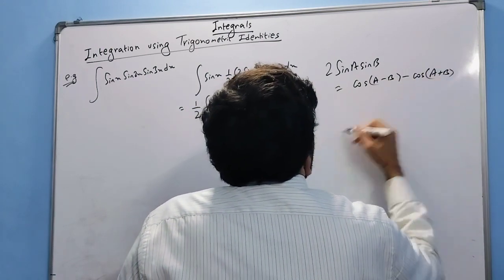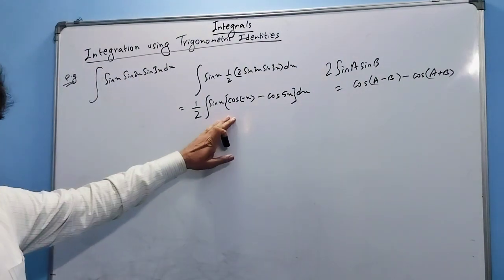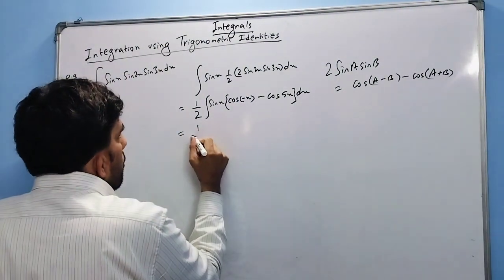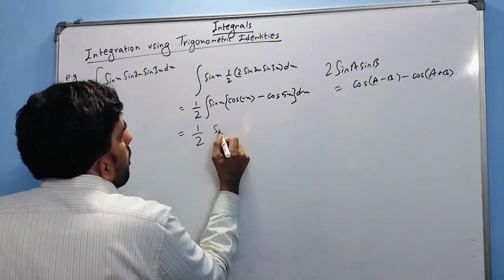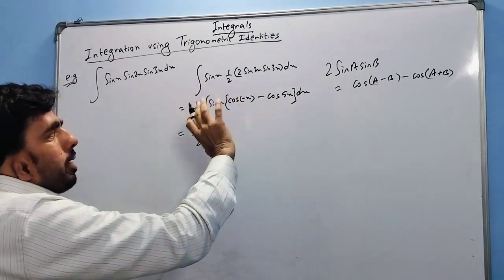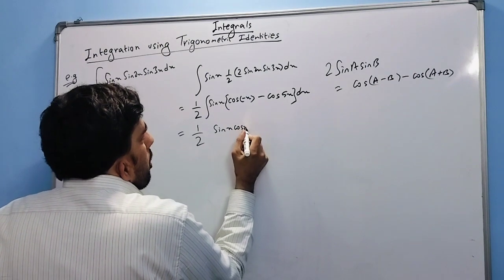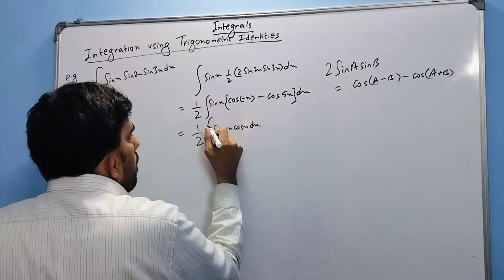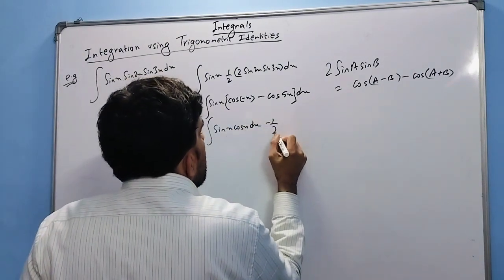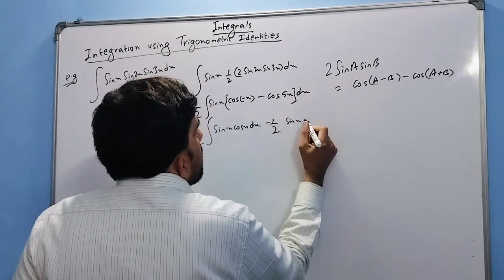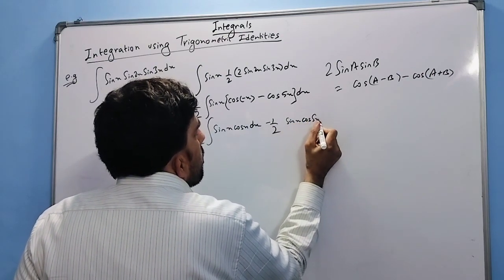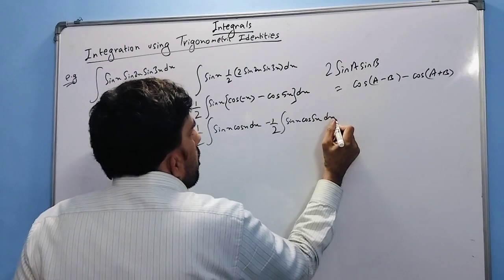Okay, so that identity has been applied here. Now you can open the bracket and multiply sin x with all. So you get sin x cos x minus sin x cos 5x.